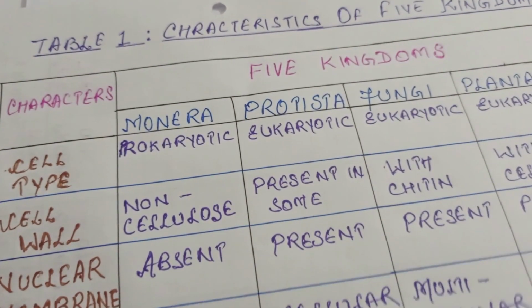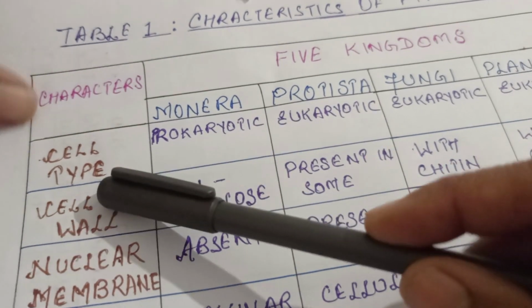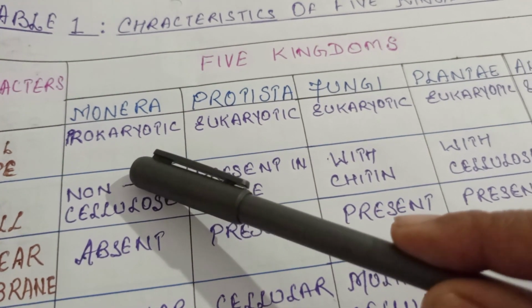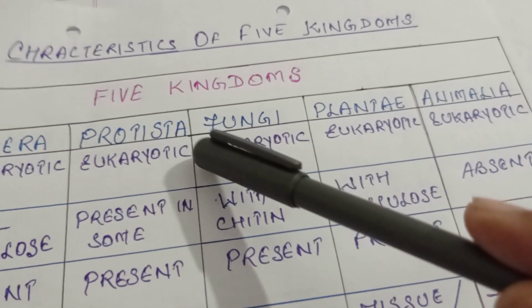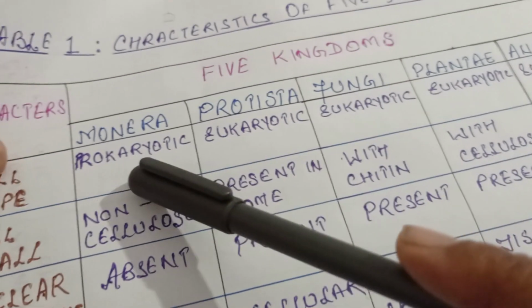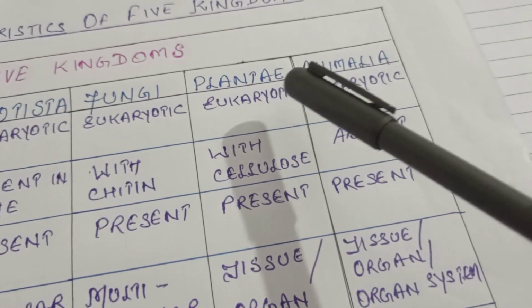Now, the first character we will consider is cell type. Cell type in Monera: they are prokaryotic. Just now I told you Monera was prokaryotic and from Protista started eukaryotic. Monera is prokaryotic, and Protista, Fungi, Plantae and Animalia are eukaryotes.